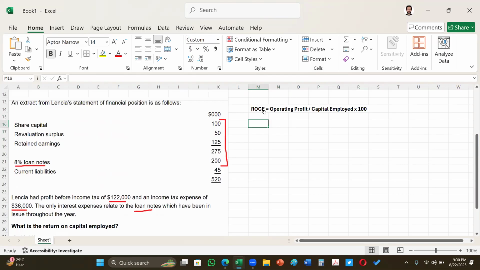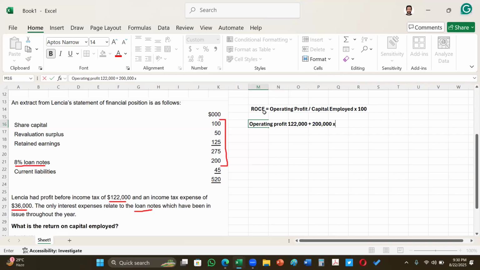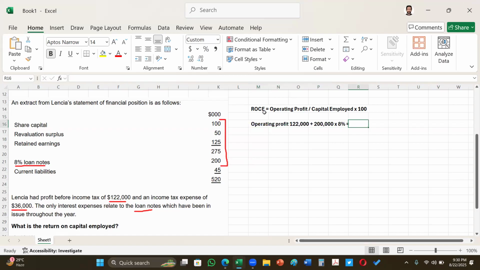The operating profit can be achieved if we have this 122,000 of profit before tax and we add back, because it is deducted, the interest. So the interest is 200,000 multiplied by 8%. If we add this, we will have the operating profit figure. So the interest, 200,000 into 0.08, is 16,000.